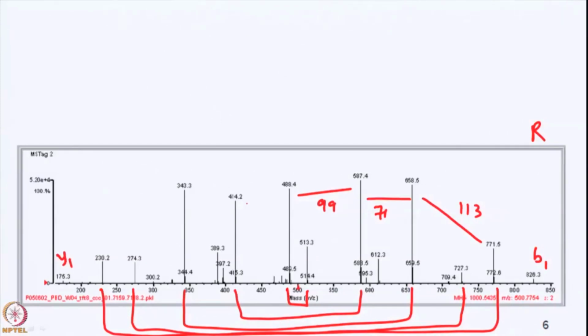Let's go 826 to 727, that's 99. 727 to 612 is 115. 612 to 513 is 99. 513 to 414 is 99.